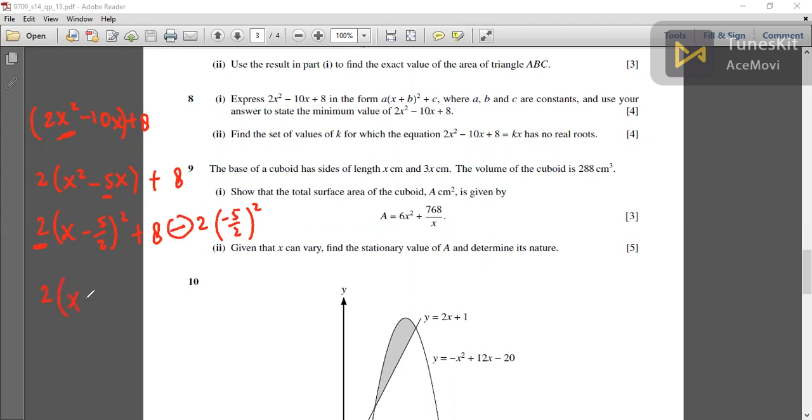So 2 times x minus 5 over 2 squared plus, if I calculate, I got minus 9 over 2. So we have got already, A will be 2, B will be minus 5 over 2, and C equals minus 9 over 2.